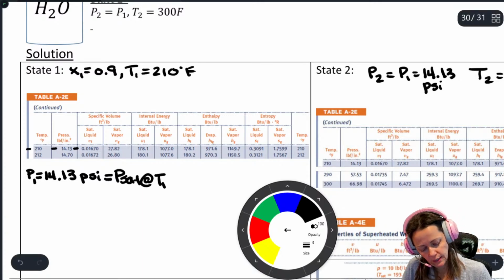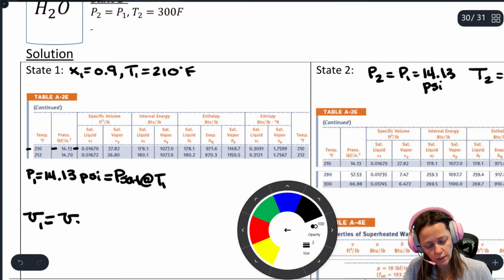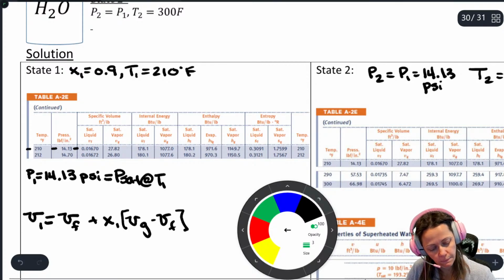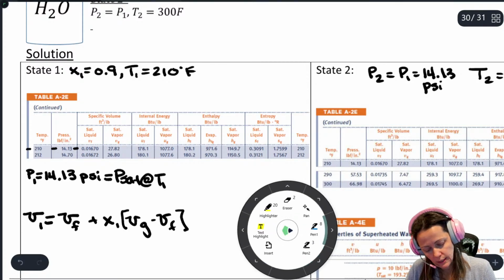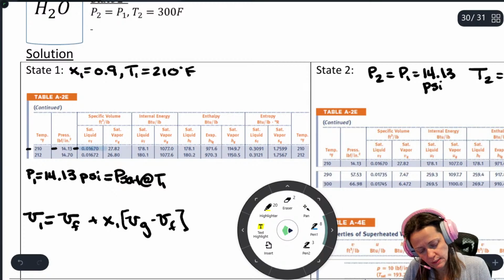Then of course I need my V1 as well. I've got a quality, so I'm going to calculate everything with that quality, using the v sub f and v sub g values.